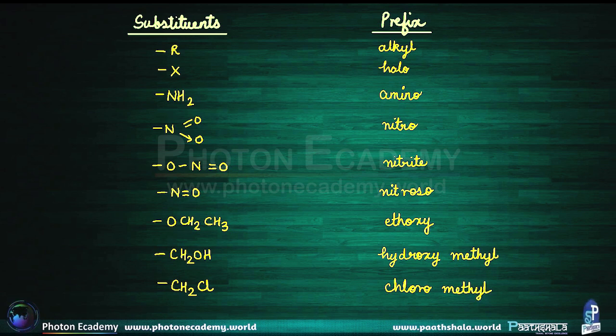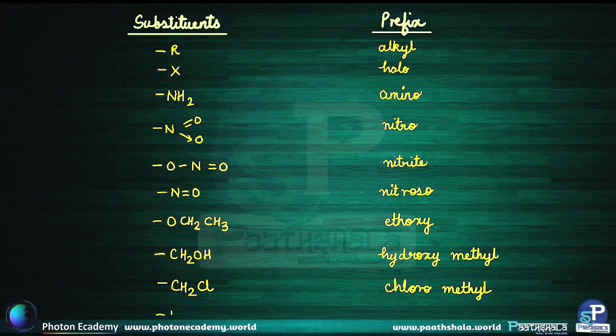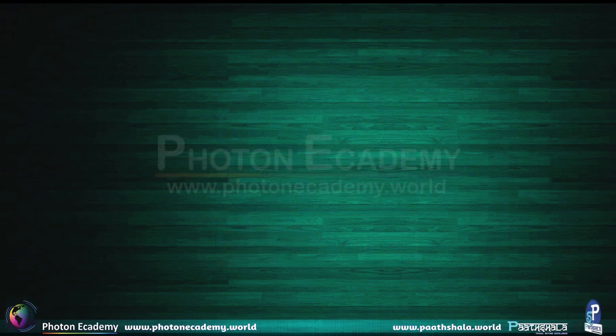Next, if we have NHCH3, then we use methylamino. Moving on, if we have S, then we call this thio. Next, if we have SR, that is S connected to an alkyl group, we call this alkylthio.